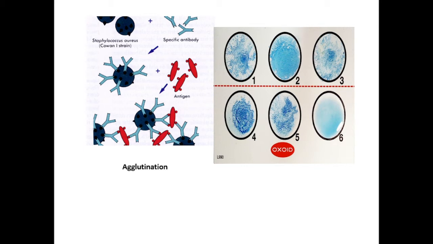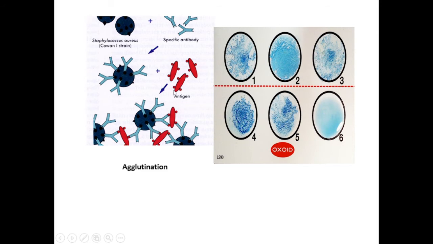Then there are different ways in which we can perform the agglutination test. We can perform slide agglutination on a slide, or we can perform the agglutination test in tubes. When multivalent antibodies combine with a particulate antigen, they will form clumps, or they will get agglutinated. You can see the agglutinated particles.